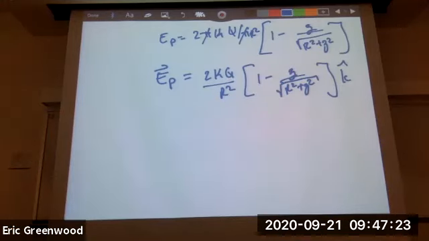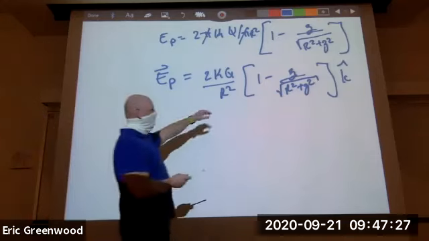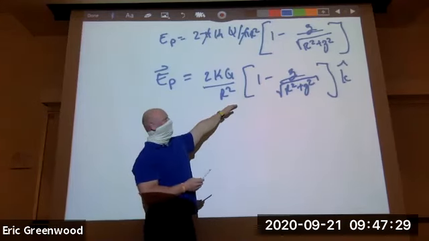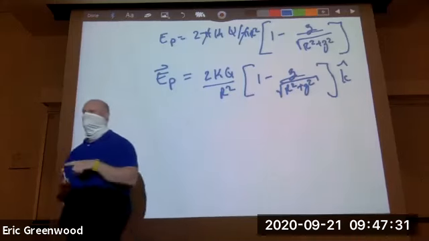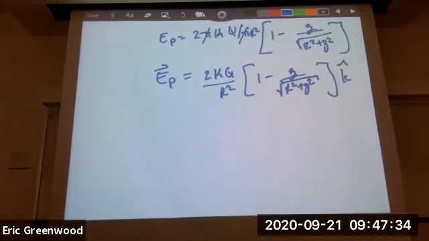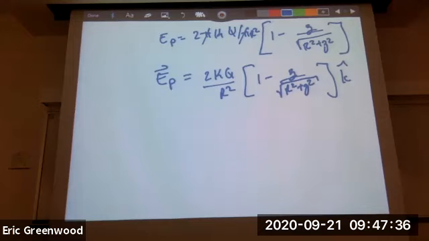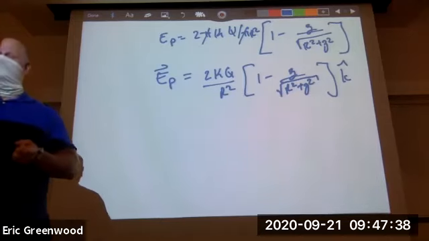Okay? So number one thing is, if I don't trust my electric field, if I don't trust my math, the first thing I can do is take the limit that z goes to infinity. If I get far enough away from it in the z direction, this object better look like a point charge.